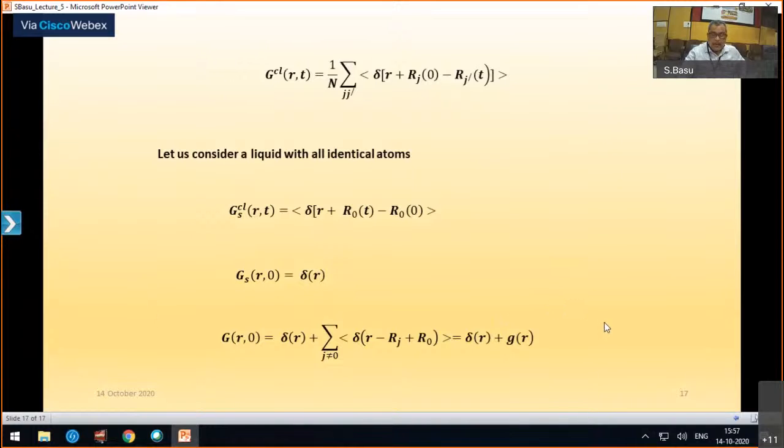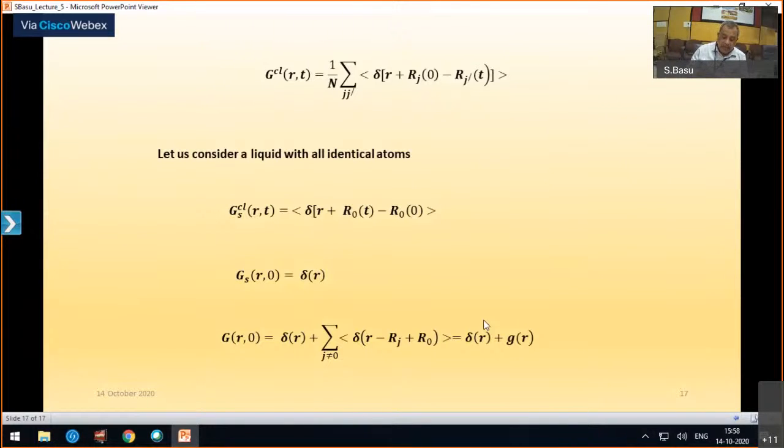Here I'll stop now, and my humble request to you is that now onwards we'll move into experiments, with this much introduction to the correlation functions.